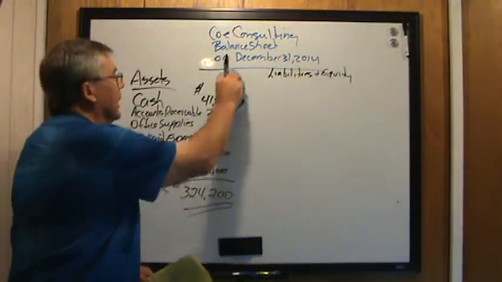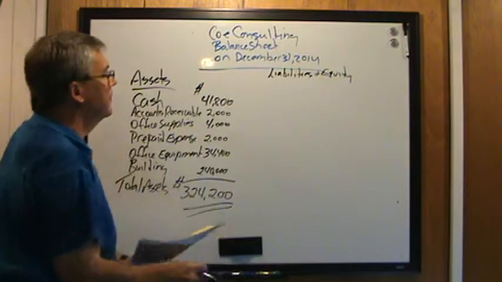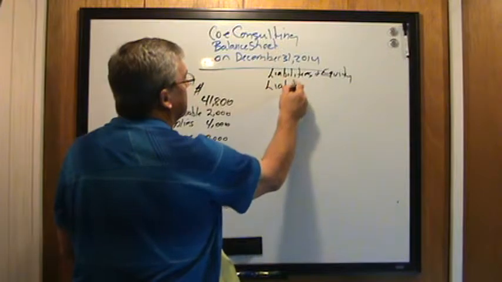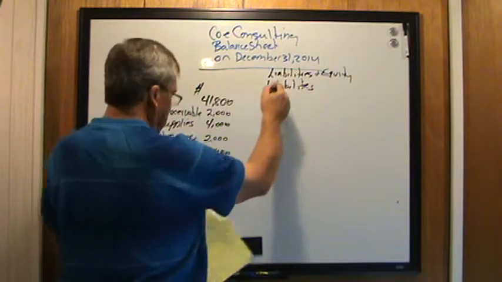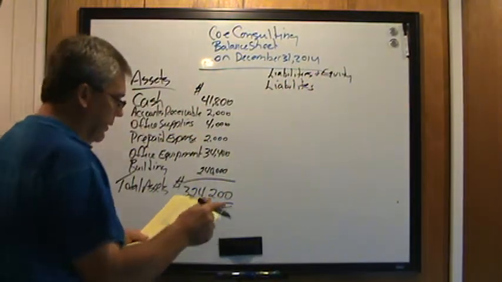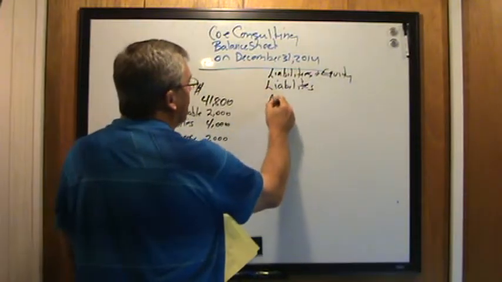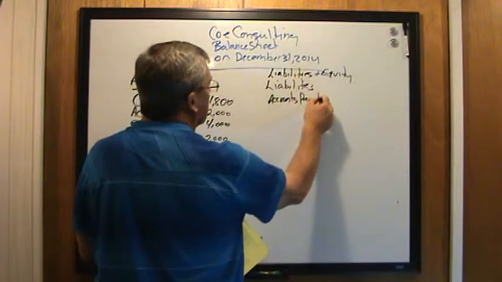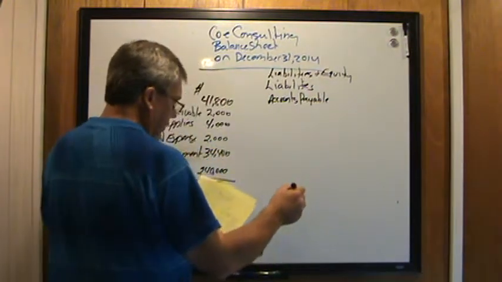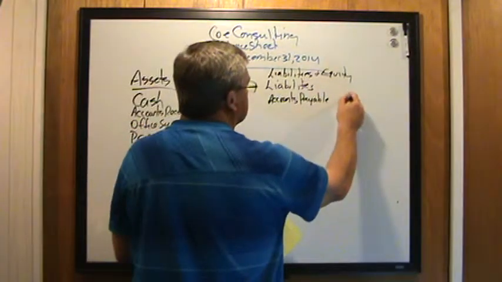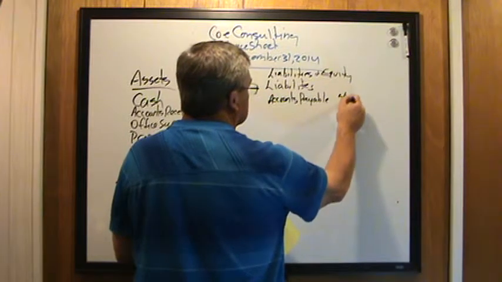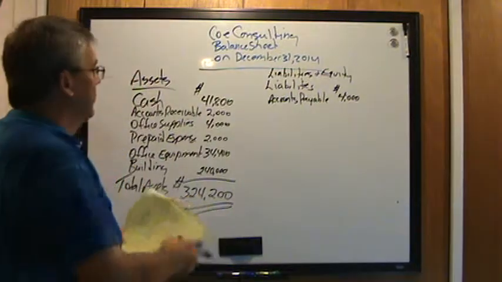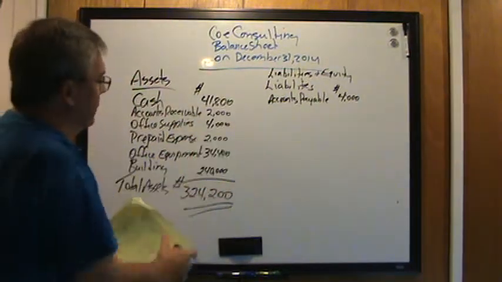But you don't put the equal sign on the balance sheet. We'll start with liabilities, always. And we have accounts payable of $4,000. New column. When you're doing side by side like this, it ends up being a new column.